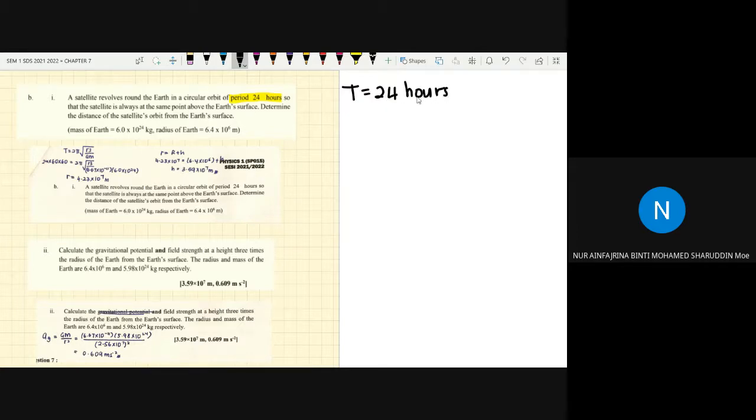Awak kena tukar apa dulu? Cari second. So we know 24 hours, and 1 hour ada 60 minutes and 1 minute ada 60 second. If I'm not mistaken, you akan dapat, okay, kirakan, 86400 second.